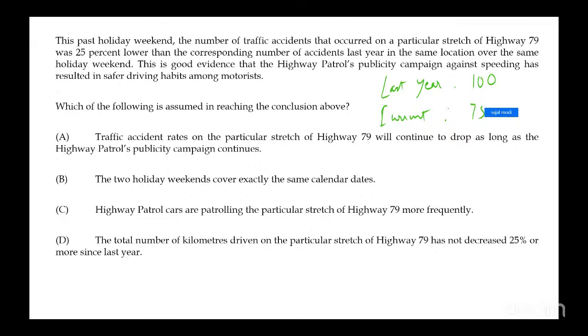So based on this, the author is concluding that the highway patrol's publicity campaign against speeding is the cause. So the campaign is the cause for the decline in accidents.